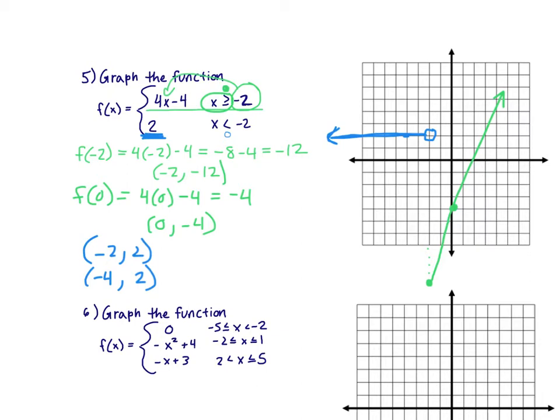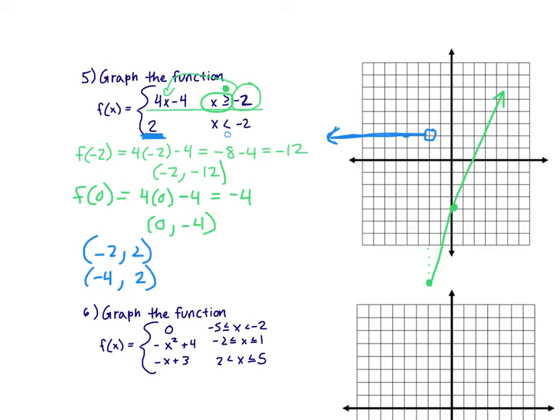Any questions here? Miss Garber? Yep. How come you can use -2 for the second function if it's not like less than or equal to -2?